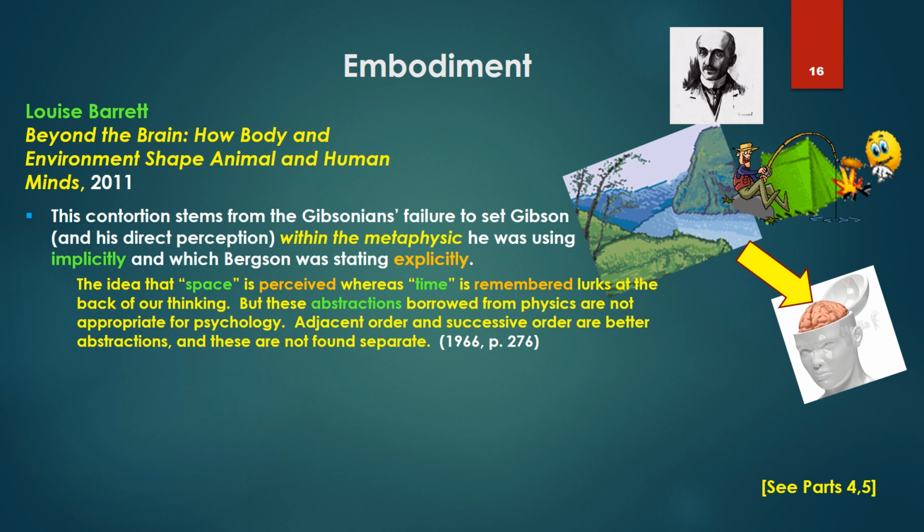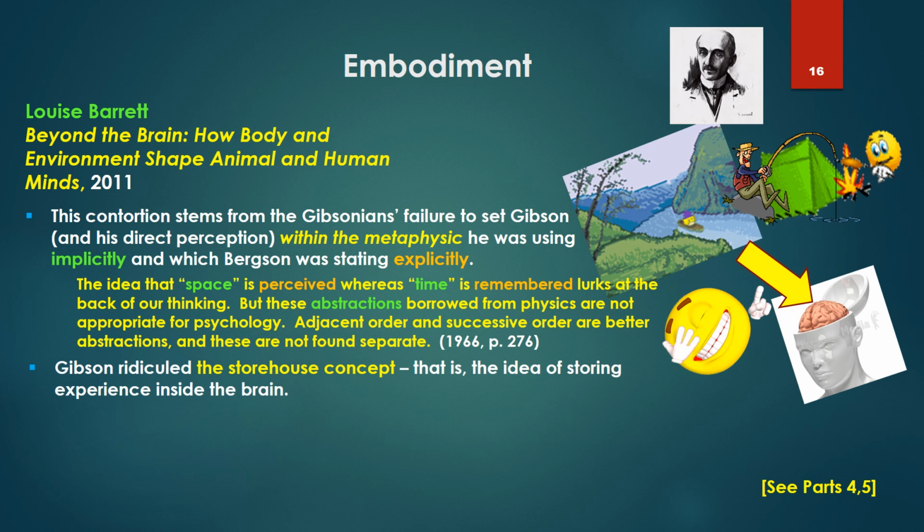So this is an index of the metaphysic that Gibson was implicitly working in. So Gibson ridiculed the storehouse concept, the idea of storing experience inside the brain. Truly, he did not think it was possible given his understanding of perception. I don't believe he thought perception occurred within the brain in the first place. Therefore, there's nothing to be stored.